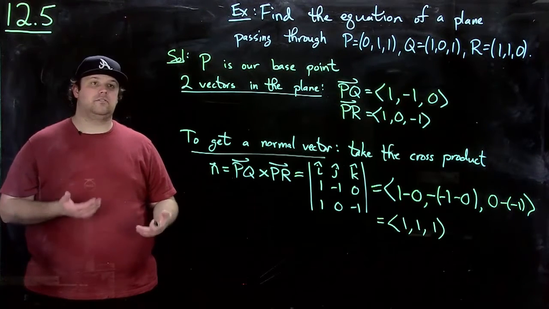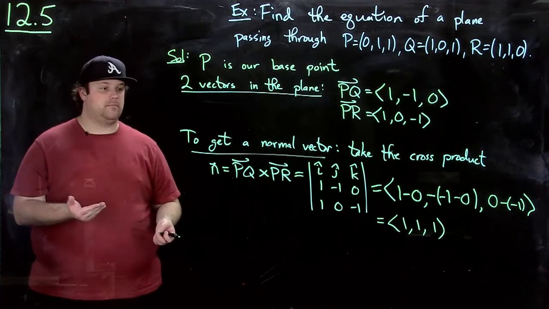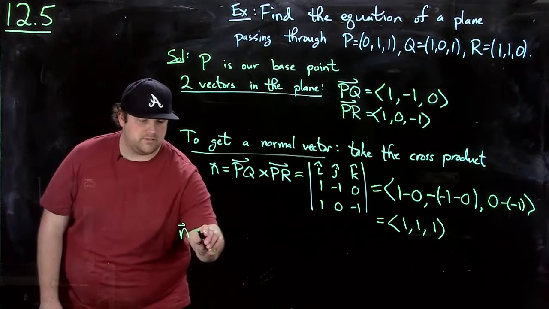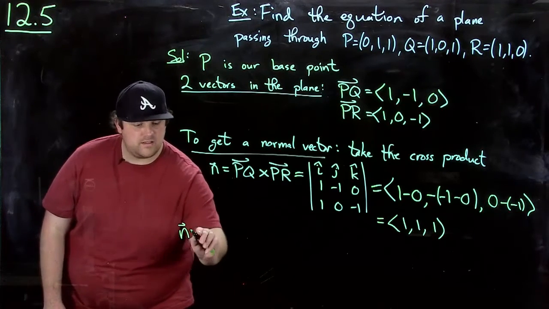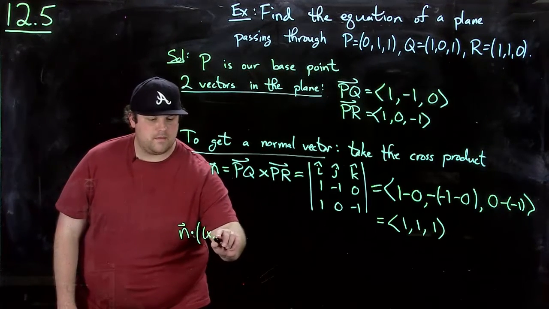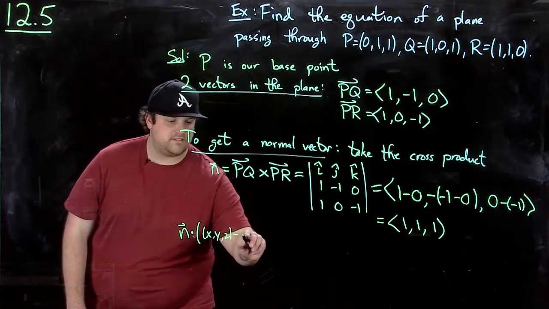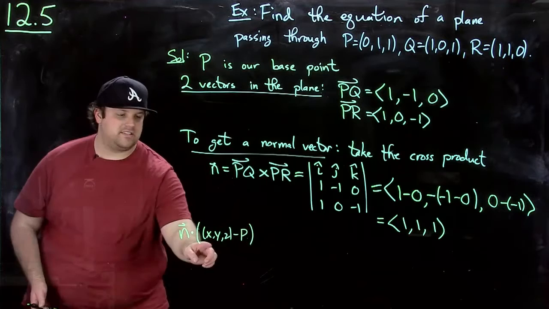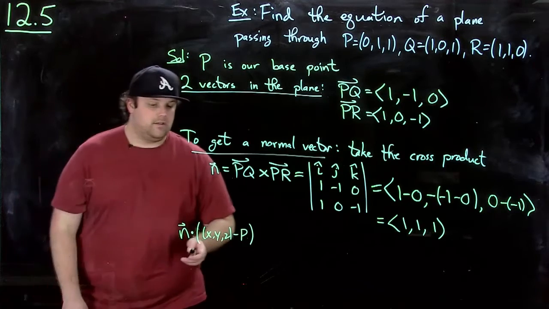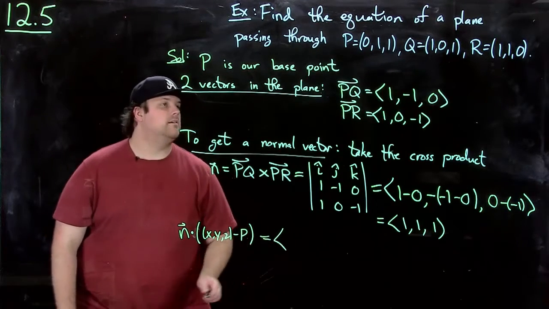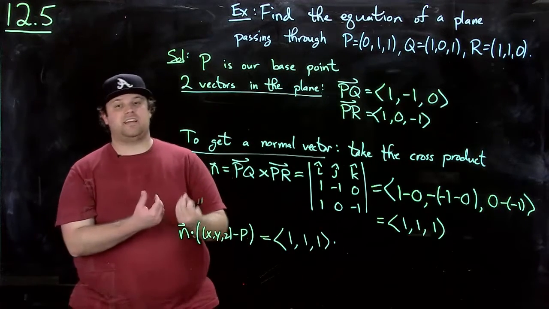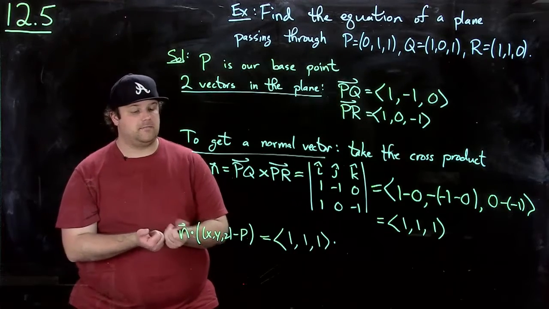And now we just have to combine this with the equation we had before. That was n dot product (x, y, z minus some point p on the plane). This was the direction vector from what before we called q and p. So that looks like 1, 1, 1 dotted with x minus x naught, y minus y naught, z minus z naught.